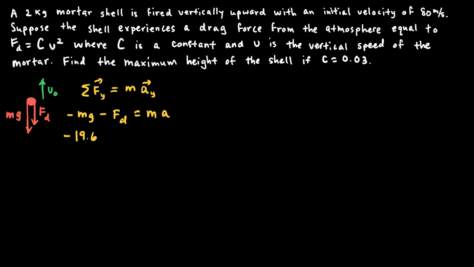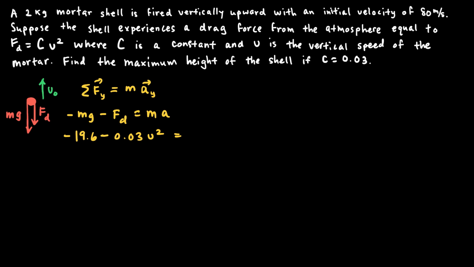The next term is the drag force, and the drag force is 0.03 times v squared. And we don't know what v is. It's a variable that will change with time. And so we will write that as minus 0.03 v squared.